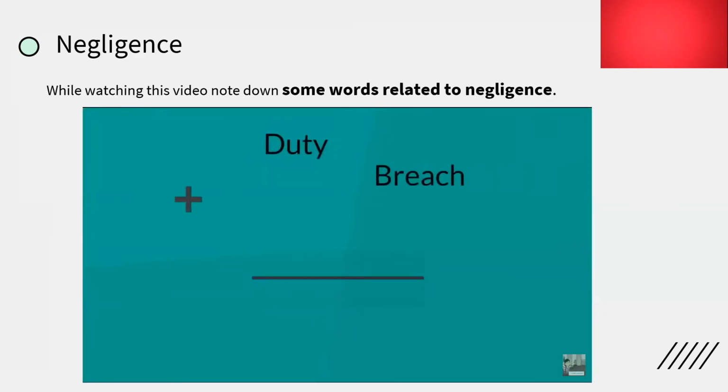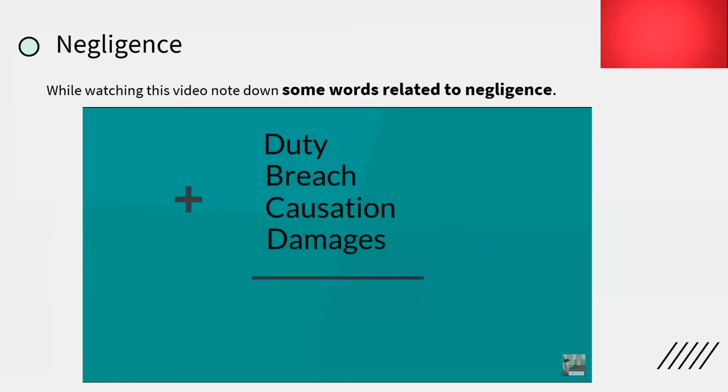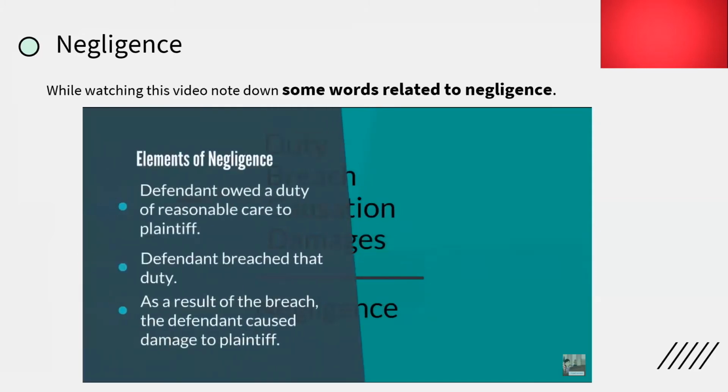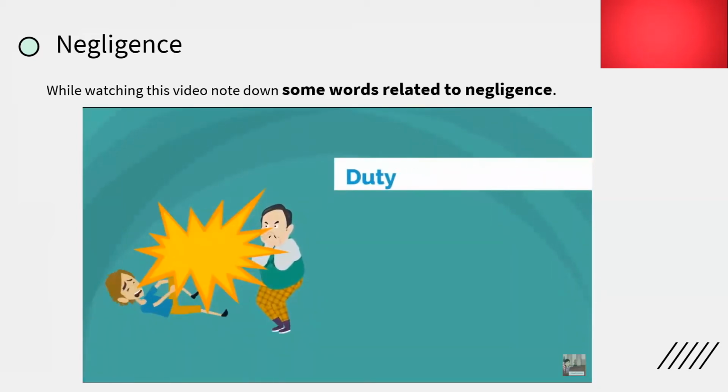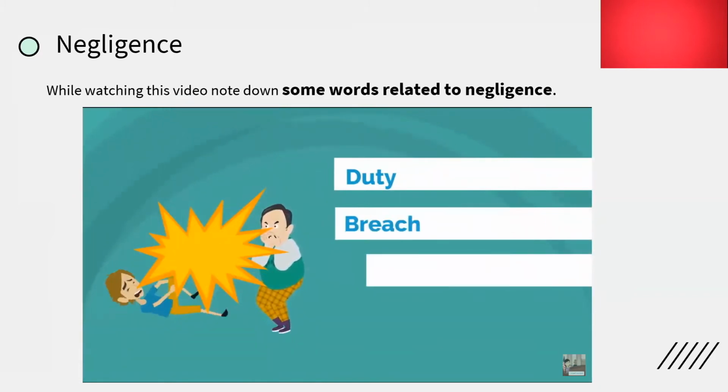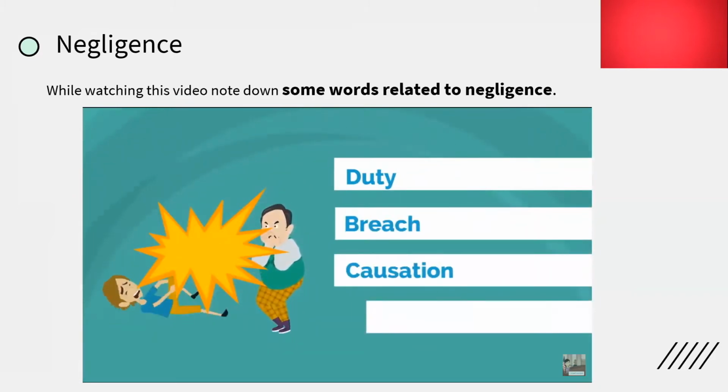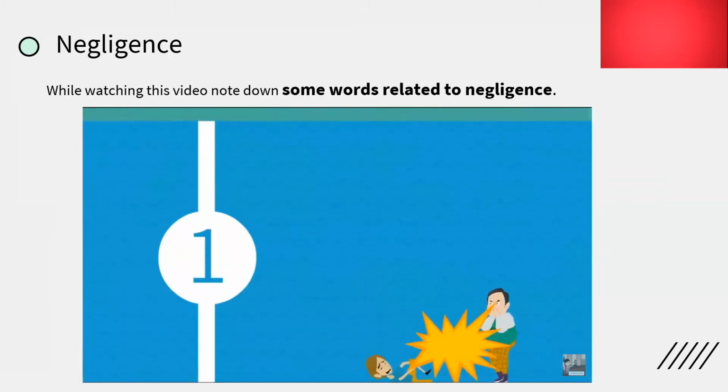In law school, you'll frequently hear people say that a plaintiff must prove duty, breach, causation, and damages to win a negligence claim. That's a short way of saying that the elements of negligence are the defendant owed a duty of reasonable care to the plaintiff, the defendant breached that duty of reasonable care, and as a result of the breach, the defendant caused damages to the plaintiff. So using our bicycle accident as an example, let's look at the elements of negligence: duty, breach, causation, and damages. And we'll start with duty.